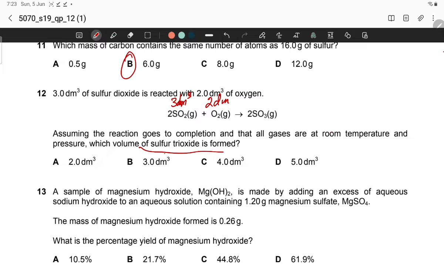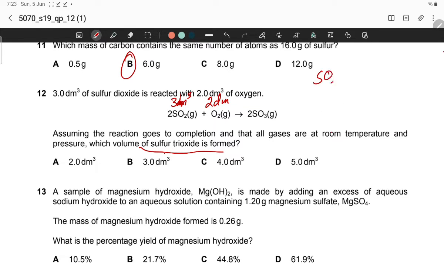First calculate the limiting reactant. So this is 2 mole of sulfur dioxide. First calculate the limiting mole and excess mole.